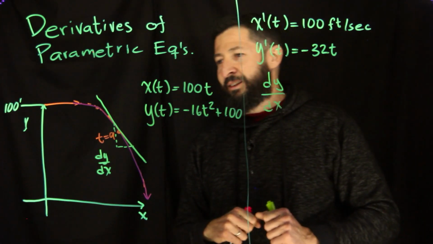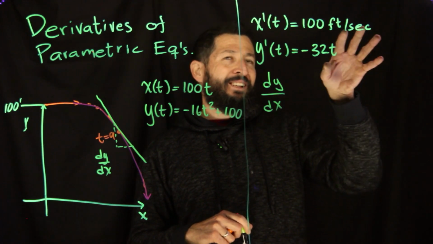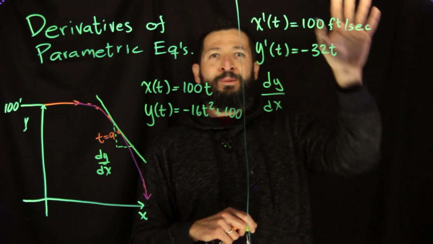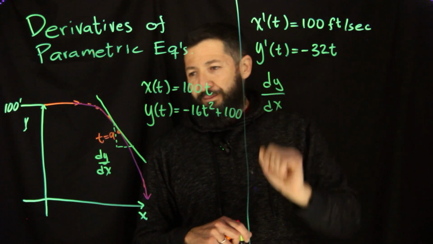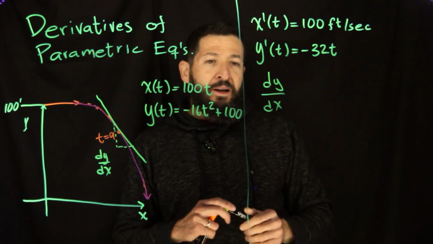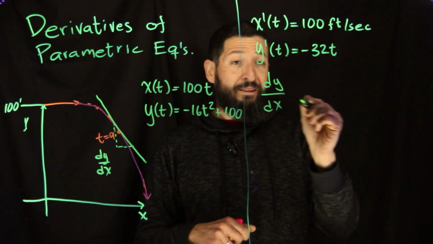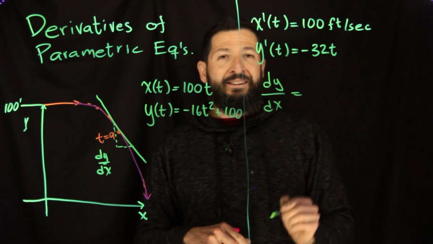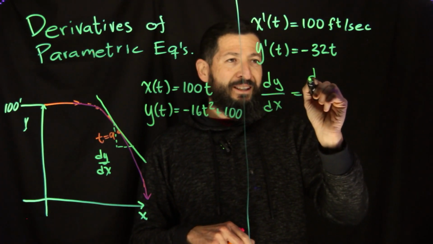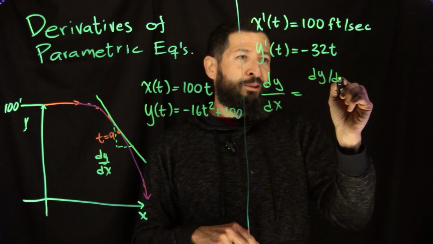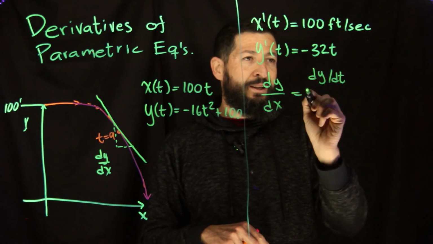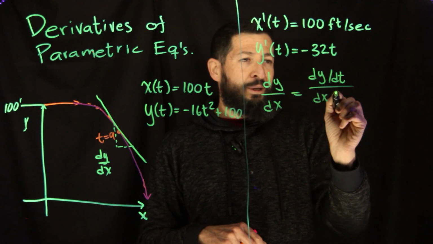It is not a velocity, because the velocity is a vector that's going to be formed with dx dt and dy dt. However, by the chain rule, dy dx is still going to be dy by dt, also known as y prime, over dx by dt.